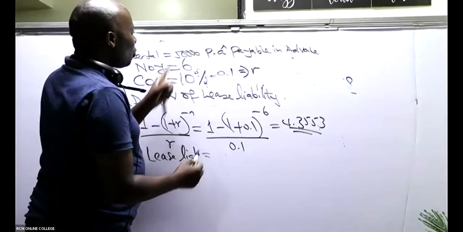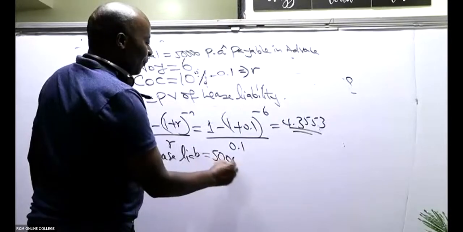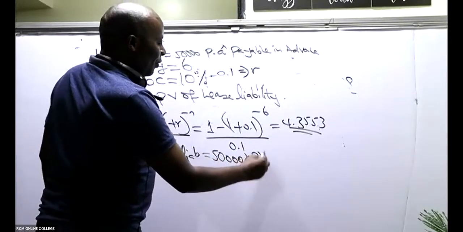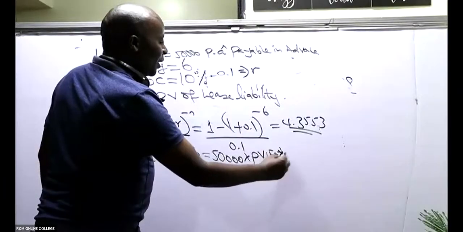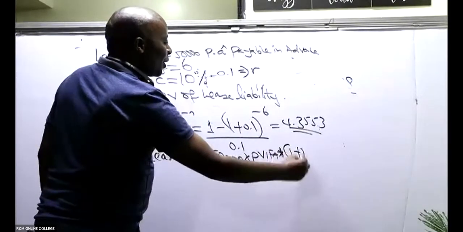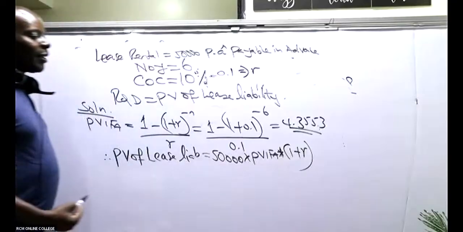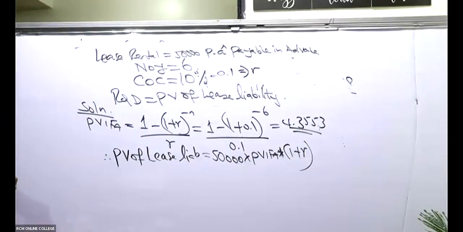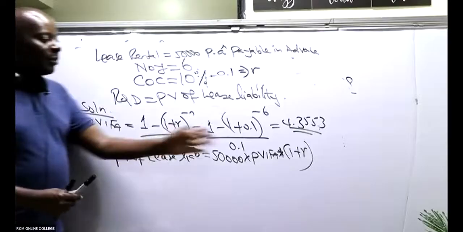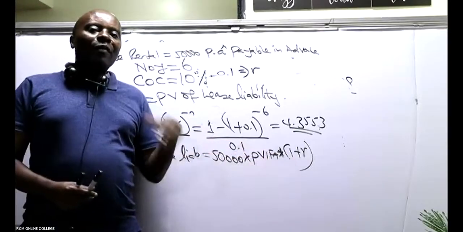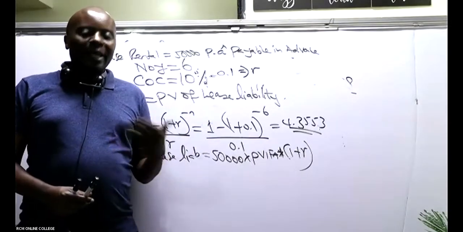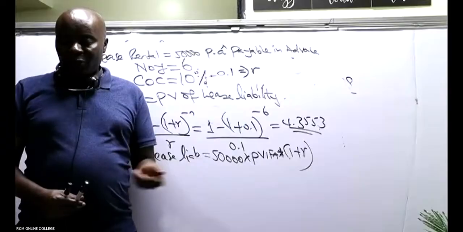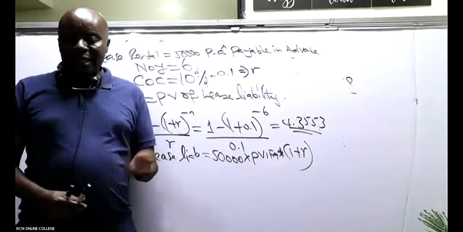And therefore, the present value of my lease liability will be this amount of 50,000, the annuity, times now the PV-FA. And because in this case it's being paid in advance, we must include that 1 plus R. We only do this whenever you're told that the cash flow is being paid up front, in advance.